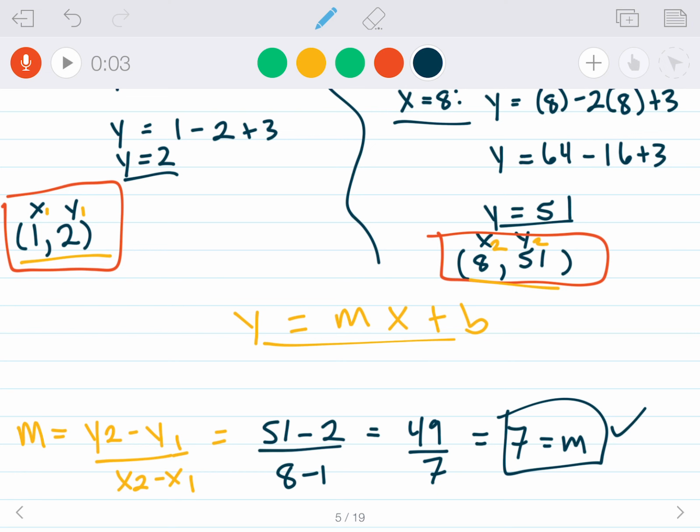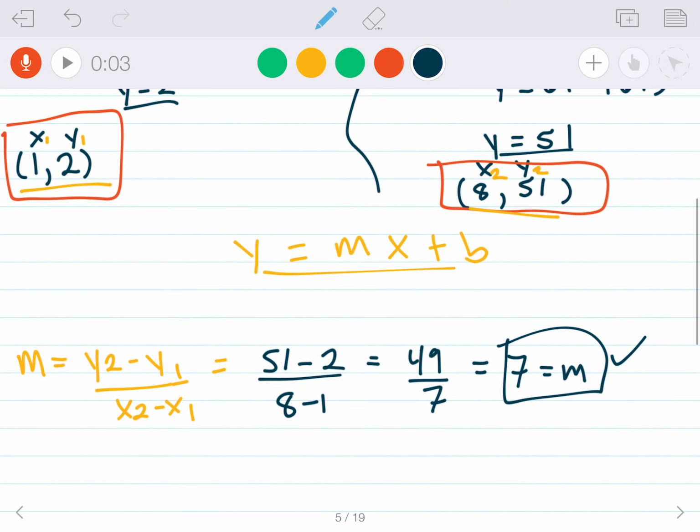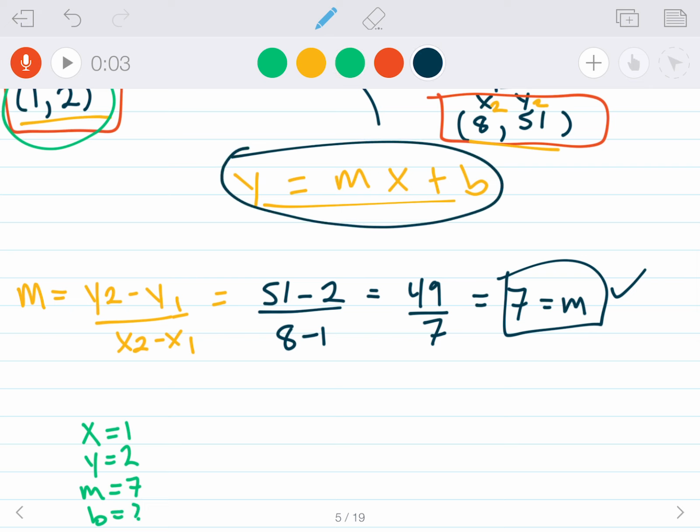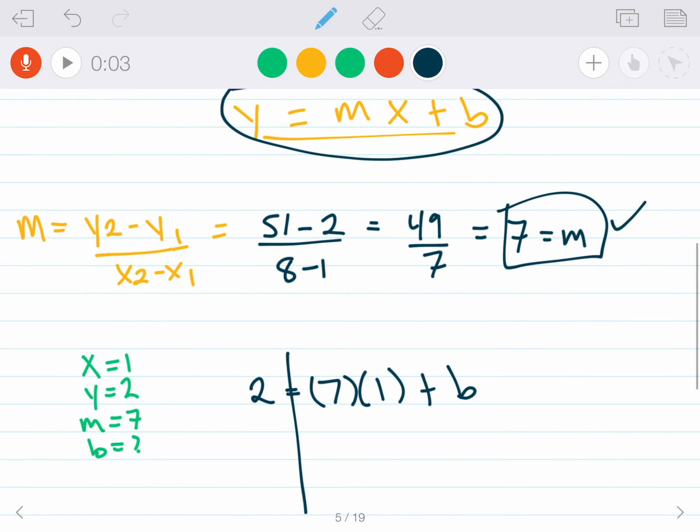Check. We got that. Now all we need to do is pick an x, y. I'm going to pick my first point, x equals 1, y equals 2. I know now that m equals 7. Let's solve for b by putting this in the generic equation, y equals m times x plus b.